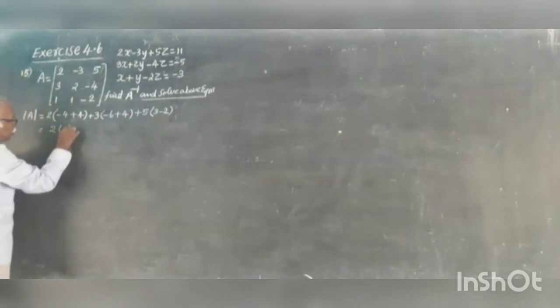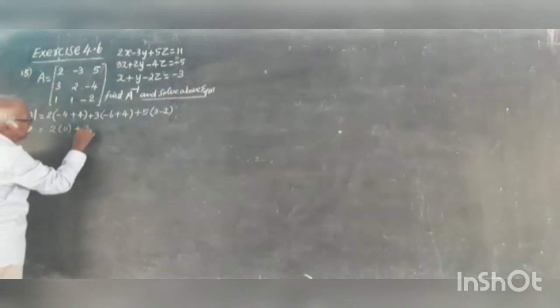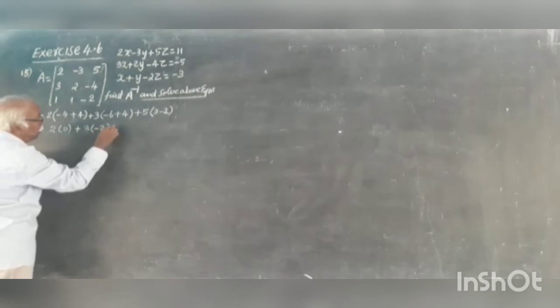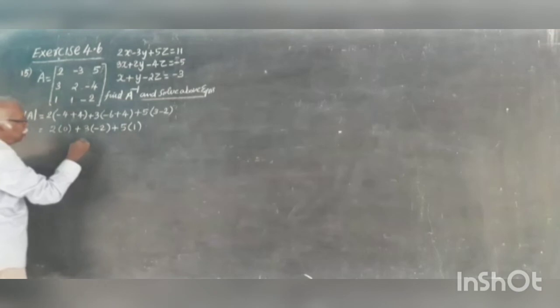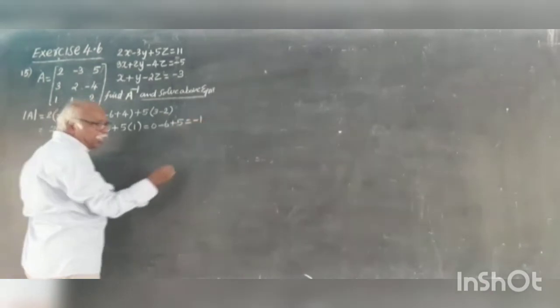That is 2 into 0 plus 3 into minus 2 plus 5 into 1, equal to 0 minus 6 plus 5, equal to minus 1, not equal to 0. Therefore, A inverse exists.